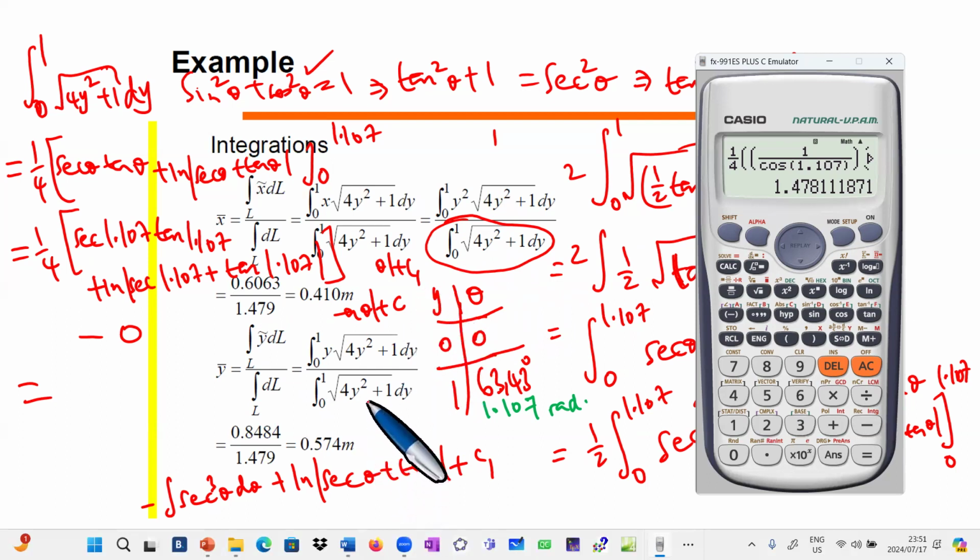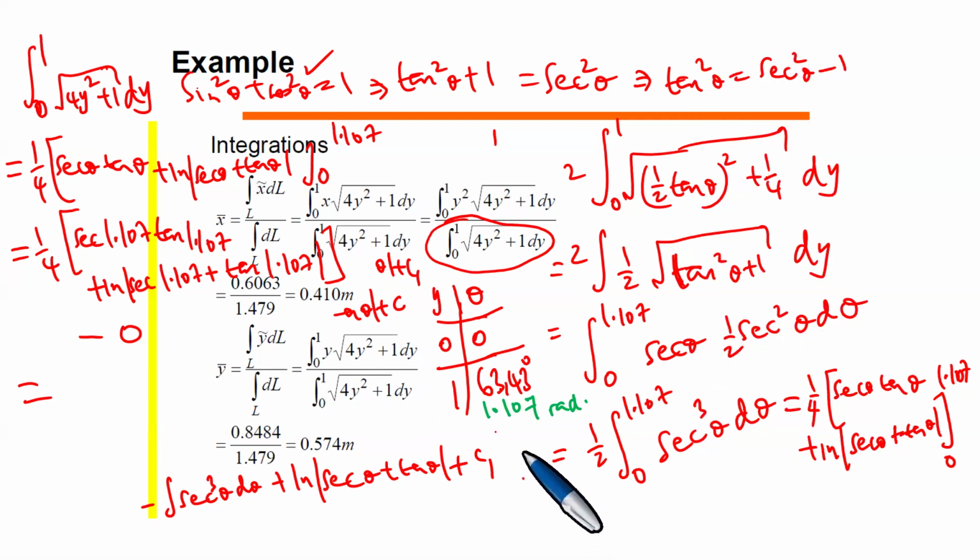But now, by the same reasoning, the integral from 0 to 1 with the y squared. I realize that the y squared is just going to have something extra here. It might turn out to be very simple. Let's just check. Because see, this one alone produced a sec cubed. And then this one is y squared. It's going to have the tangent squared, because we use y equals the tangent.